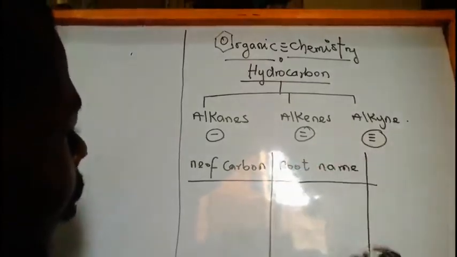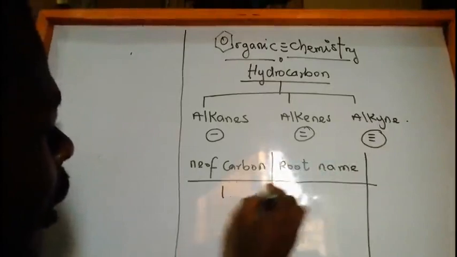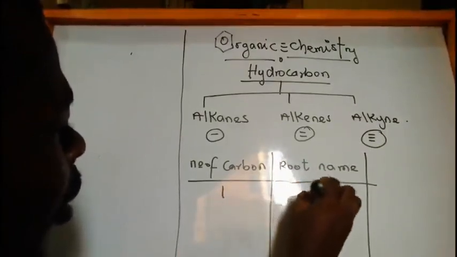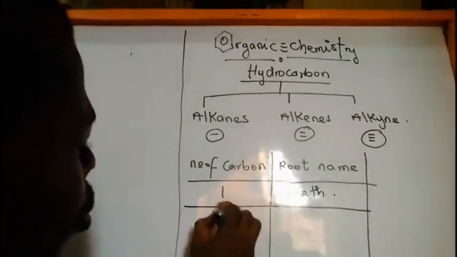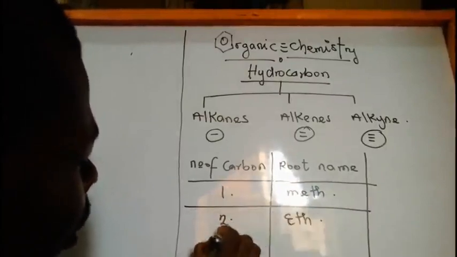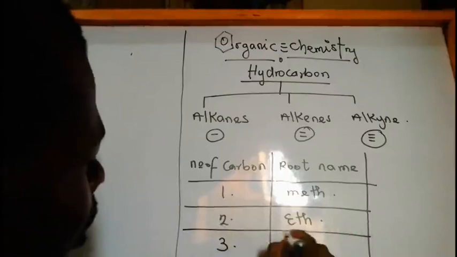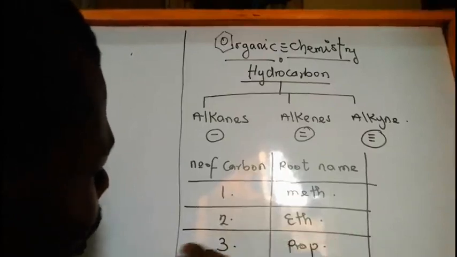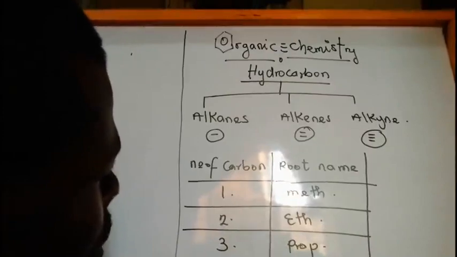When the number of carbons is 1, the root name is going to be called meth. When the number of carbons is 2, the root name is eth. When the number of carbons is 3, the root name is prop. When the number of carbons is 4, the root name is going to be but.